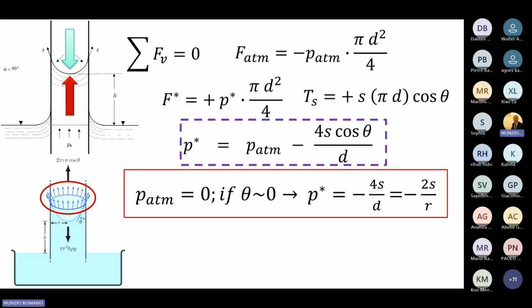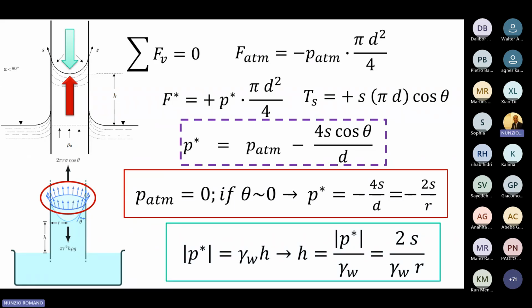Usually, if the capillary tube is made of glass, the angle is close to 0, so the cosine of 0 is 1, and the relative pressure below the meniscus is just minus 4S over D. So even from the analytical point of view, you can understand that capillary pressures are negative.